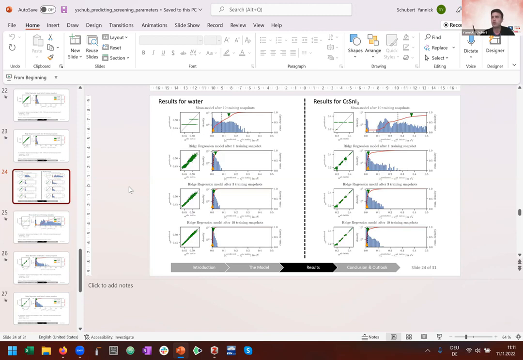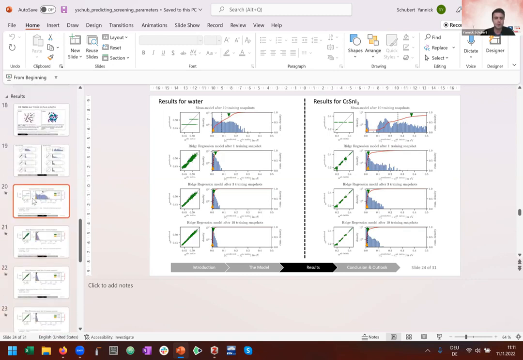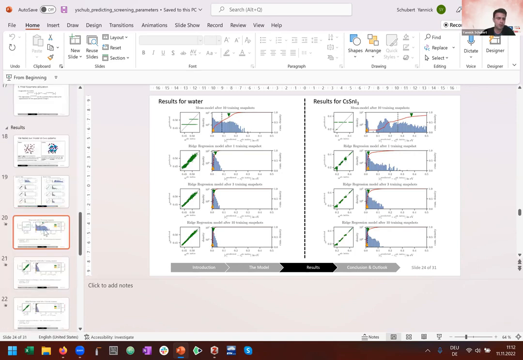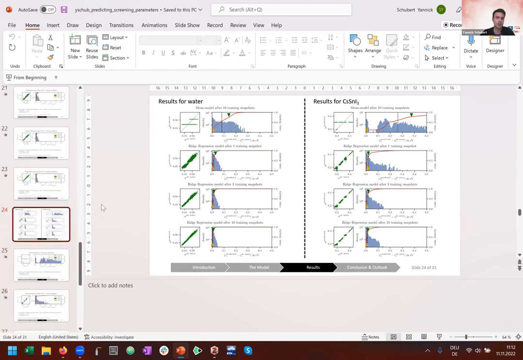So I would say in many applications we might need to modify this model a little bit to have more transferability. And yes, I think this is all I can say at this stage, but more studies are needed here to see.